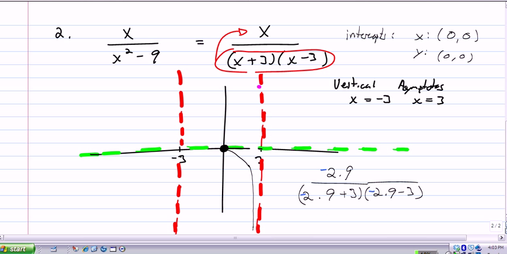So the top is negative 2.9. The bottom will be 0.1 times a negative number, negative 5.9. So the bottom is negative, the top is negative, and a negative divided by negative is a positive. So it's this variation here.